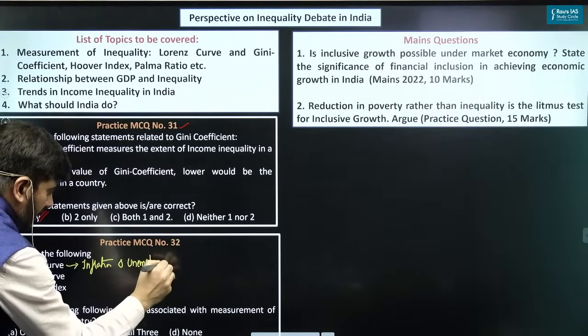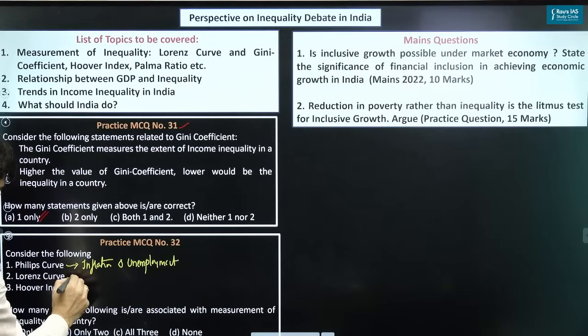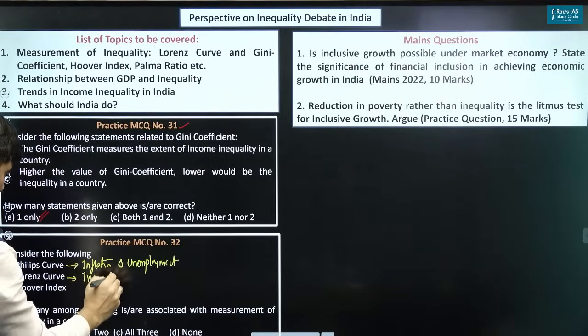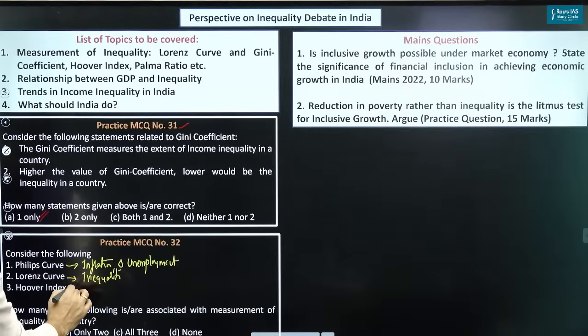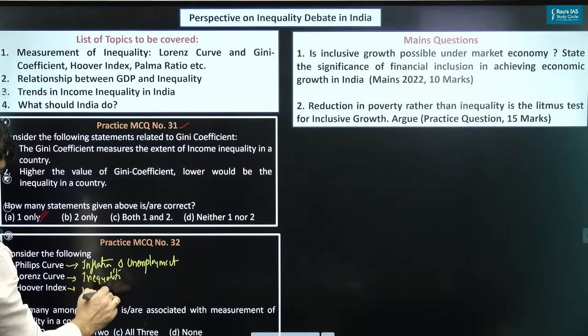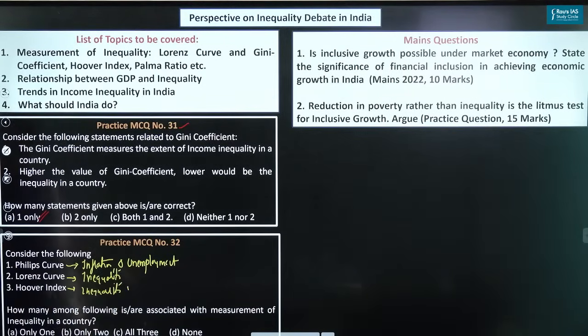Lorenz curve basically shows us the extent of inequality. It's a curve which shows the inequality. Hoover index also measures the inequality, as we covered. So how many are associated with measurement of inequality? Answer is only 2. Right?